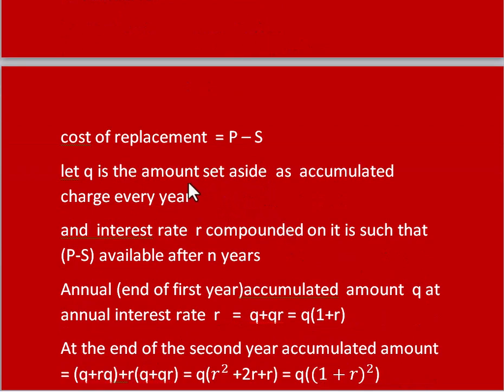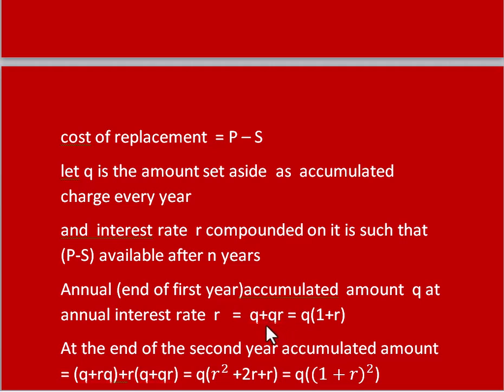Let Q be the amount set aside as accumulated charge every year, and the interest is compounded on it such that P minus S is available after n years. So then the annual accumulated amount Q at annual interest rate r: at the end of the first year, the amount deposited or accumulated can be written as Q plus Q into r.